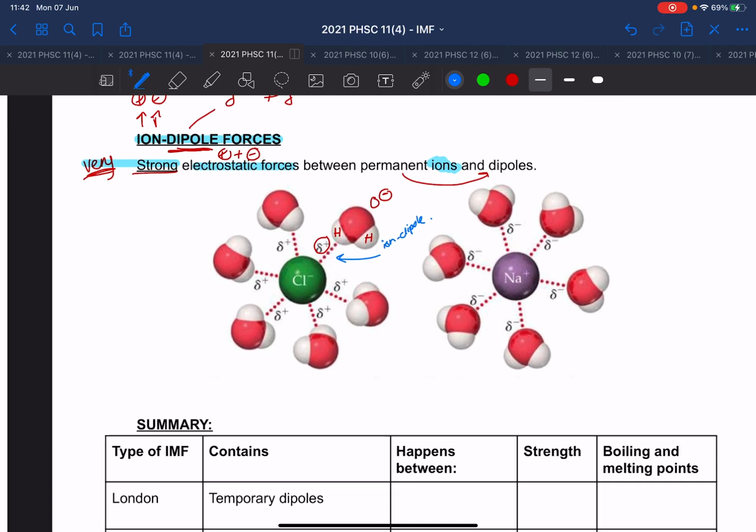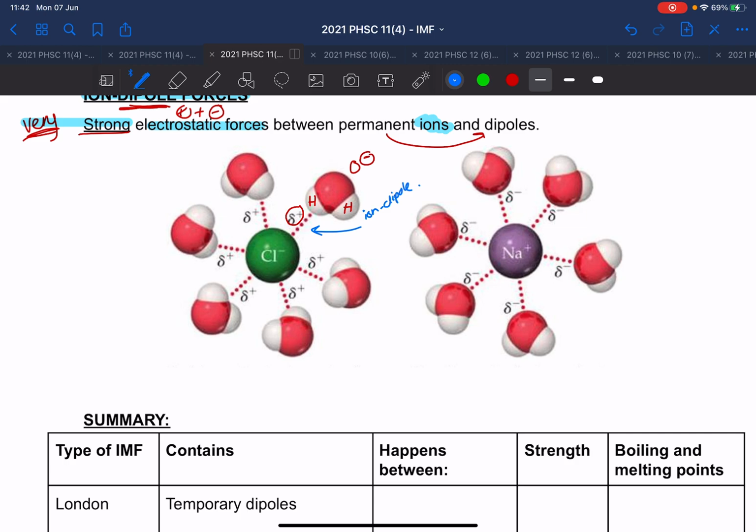Alright. Now, how do we get those molecules? Most of the time it's when we dissolve a salt, like sodium chloride. This is a salt because it is an ionic compound. So we say s for solid. That dissolves in water to give us sodium aqueous and chloride aqueous. So that is what we get there.